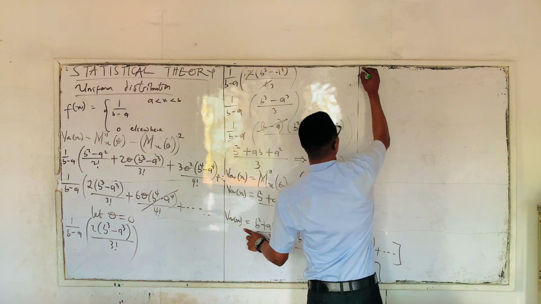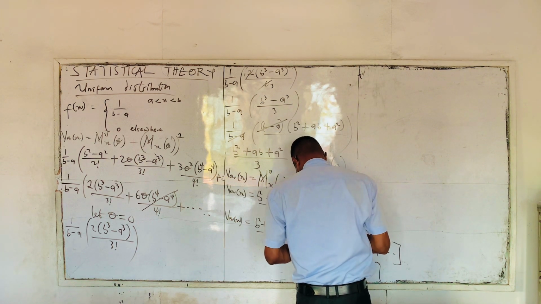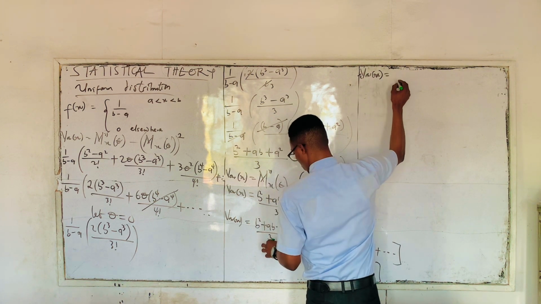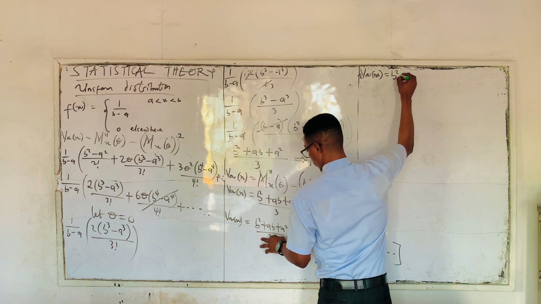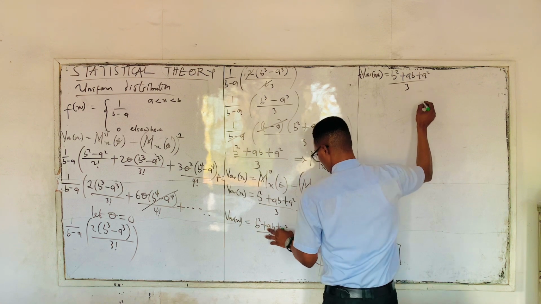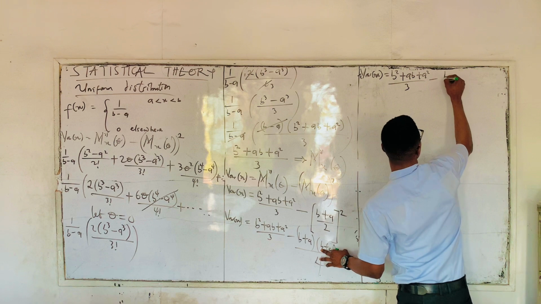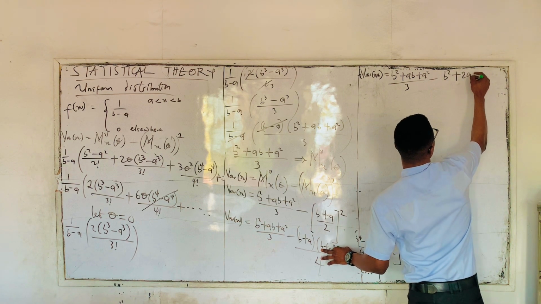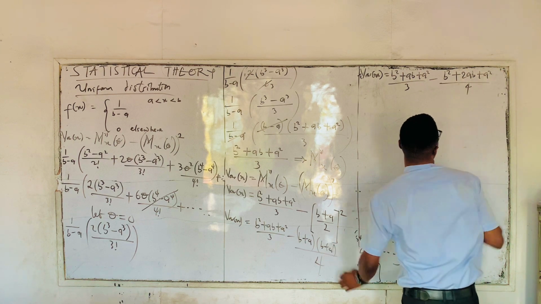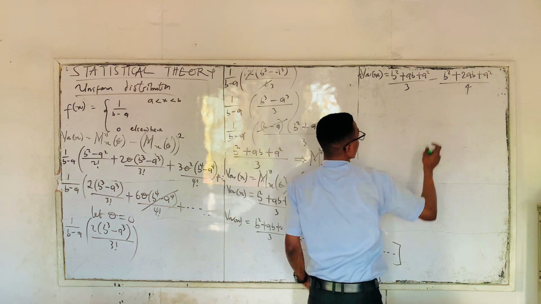So I have var x which is equals to b squared plus ab plus a squared over 3 minus, now b times b, I have b squared plus 2ab plus a squared over 4. This is this. I just expand it.